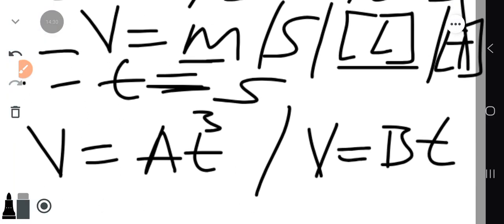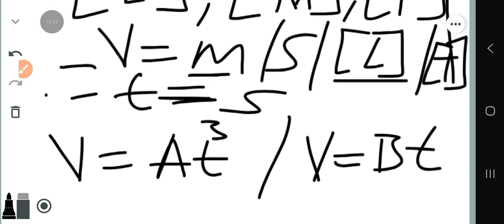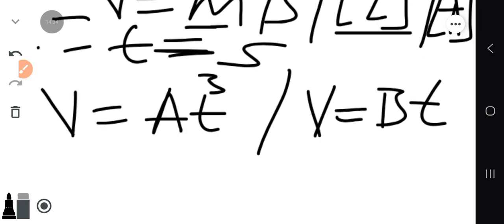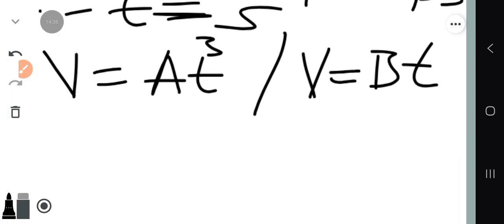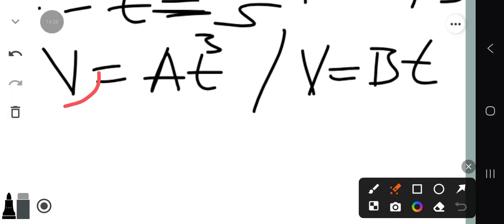It has no use. So now, from here, we are going to write the dimension of V, velocity, and the dimension of time. Then we make A the subject of the formula. Again, here we are going to write the dimension of T and the dimension of V, and make B the subject of the formula.